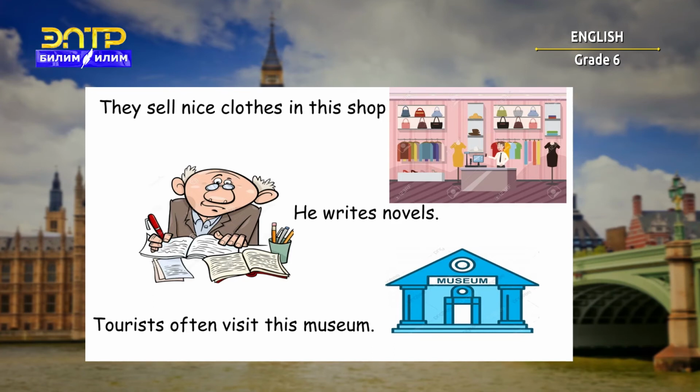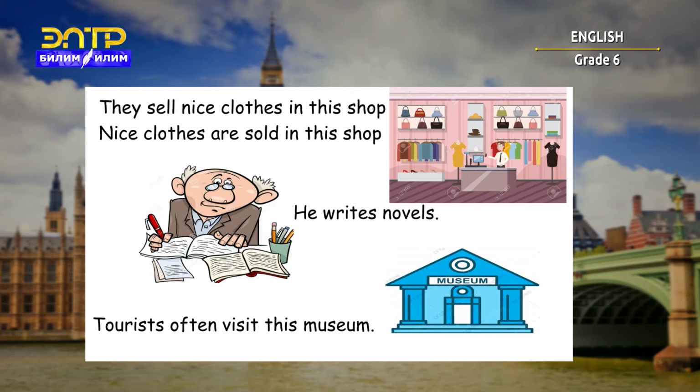The active sentence: they sell nice clothes in this shop. And its passive form: nice clothes are sold in this shop.